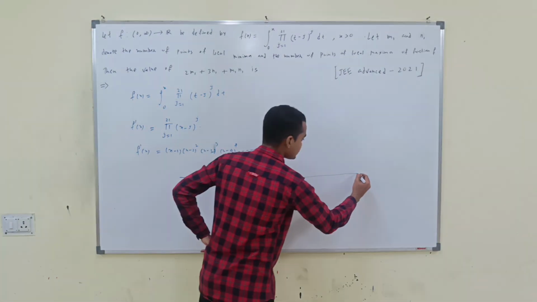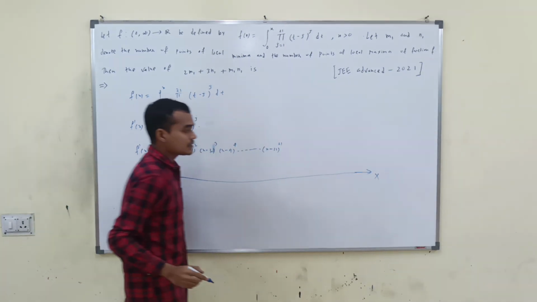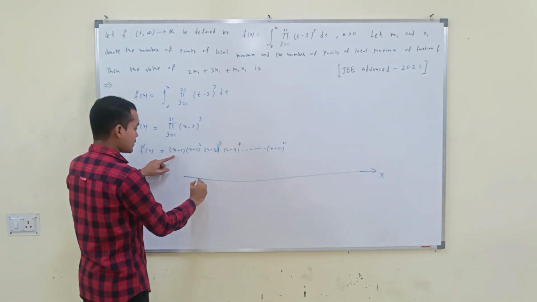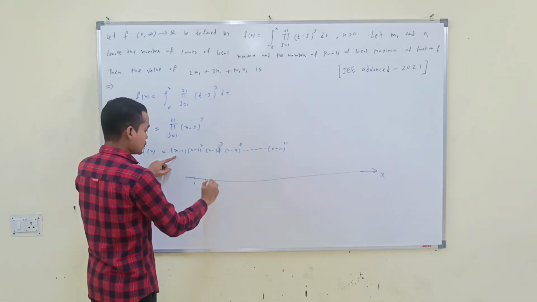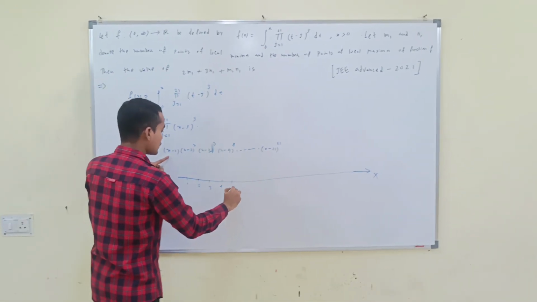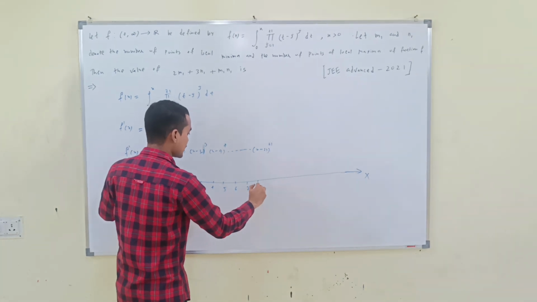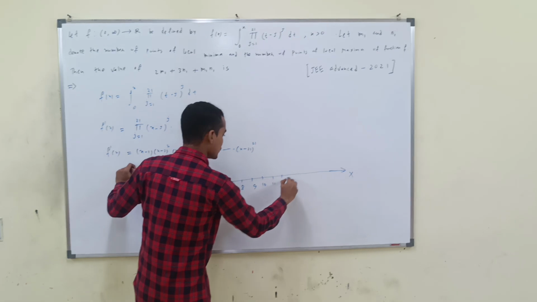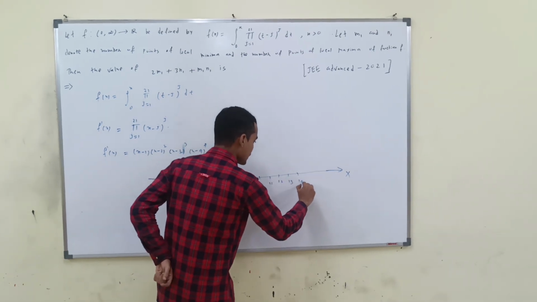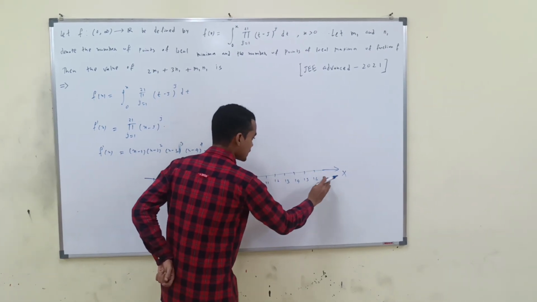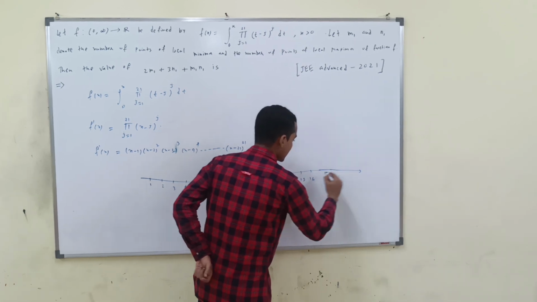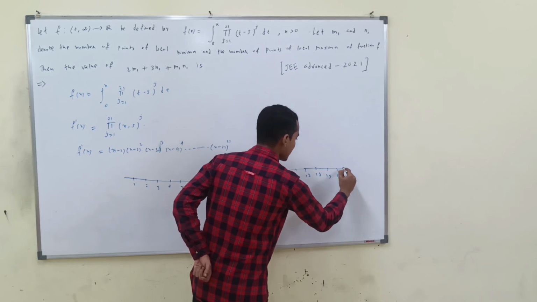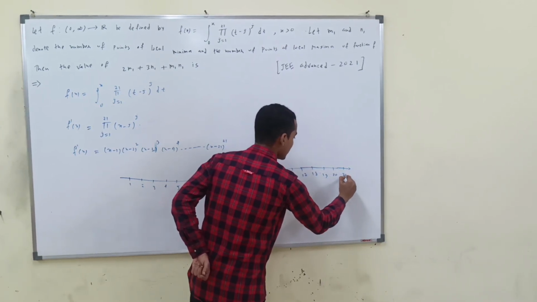So first plot the number line, this is the x-axis, and first mark all the points: x equal to 1, 2, 3, 4, 5, 6, up to 20, and the last term is 21.